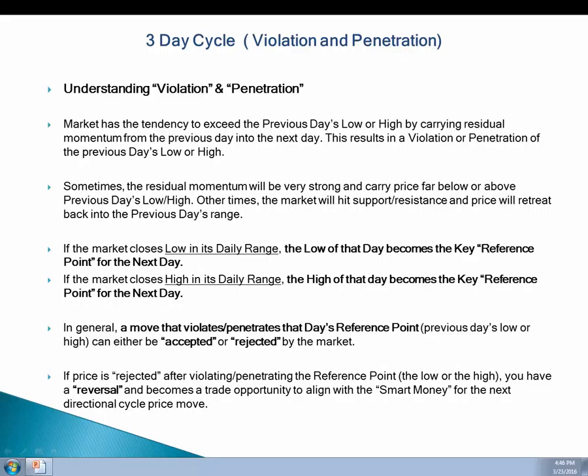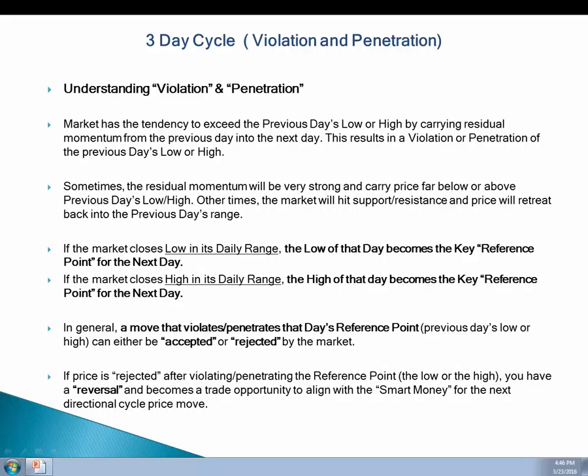And the closer it can close to the high or low of the range, the more important that particular level is going into the next day. It should be a pretty straightforward concept, but many times it's overlooked.